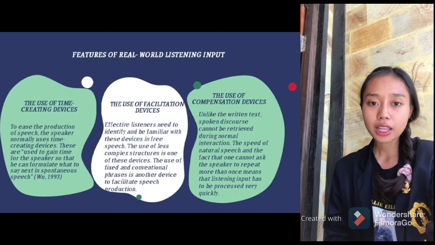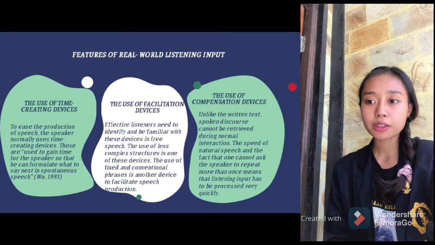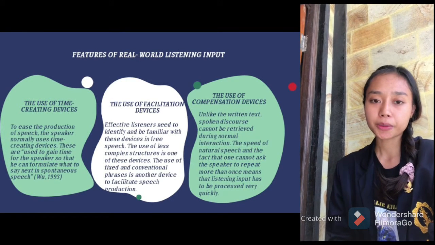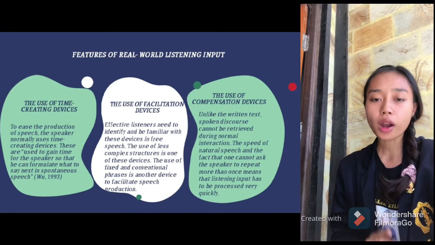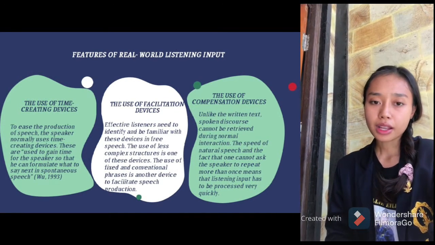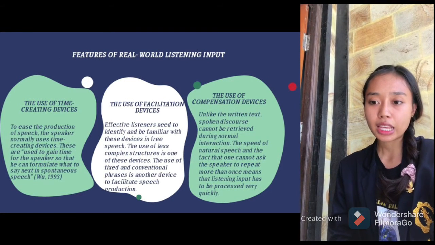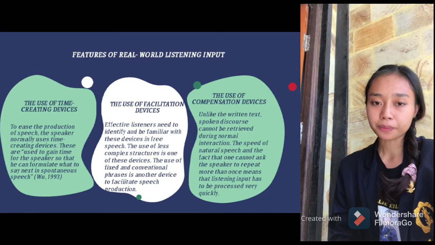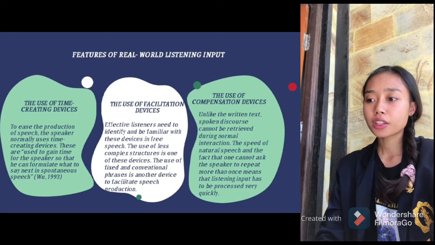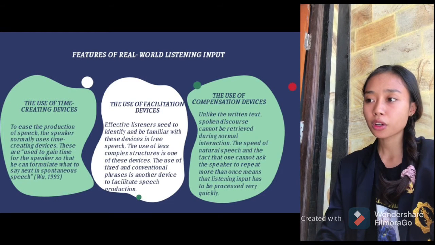Number 2, the use of facilitation devices. Effective listeners need to identify and be familiar with the devices in free speech. The use of less complex structures is one of these devices. The use of fixed and conventional phrases is another device to facilitate speech production. And the last is the use of compensation devices.